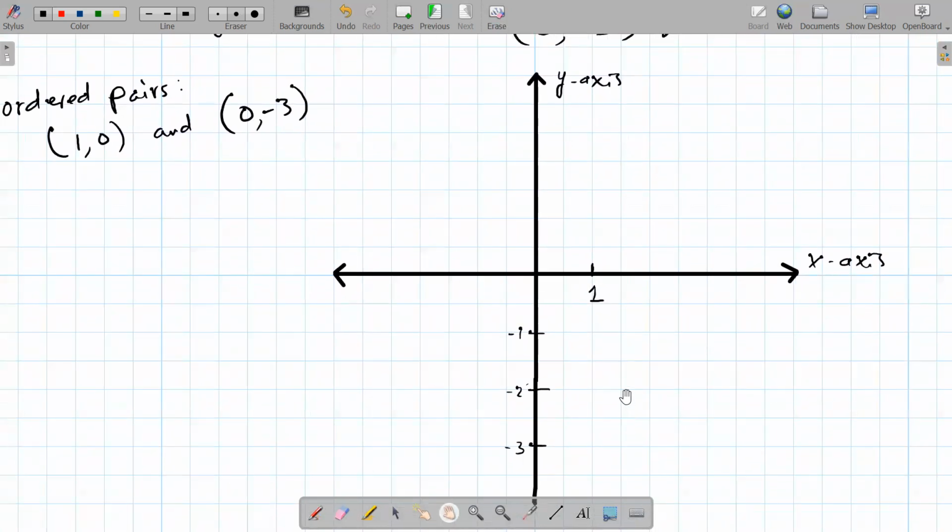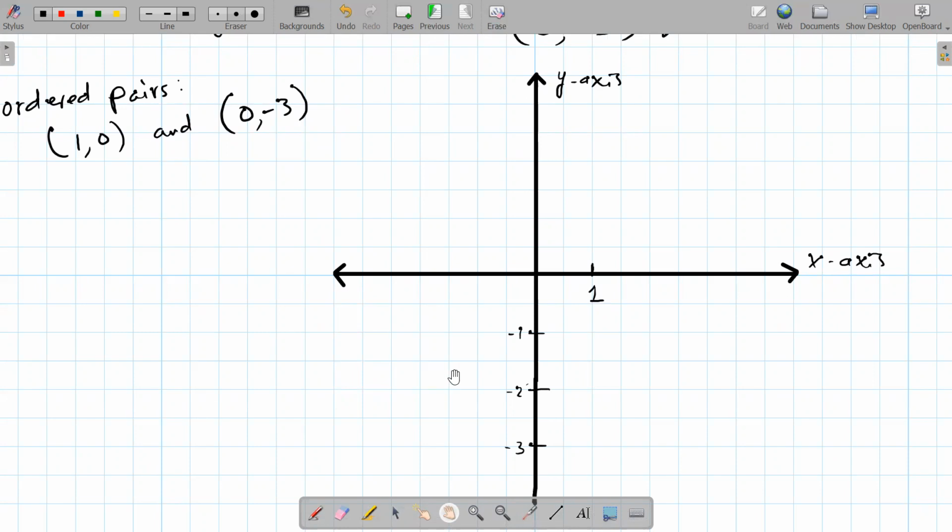Okay. So all that I need to do will be to locate these intercepts and then join the points. Now remember that when we talk about intercepts, the points or the other pairs will be on the axes. In other words, you're going to have 2 points on both axes, the x-axis and the y-axis. The x-intercept is where you find a point on the x-axis, and the y-intercept is where you find a point on the y-axis.